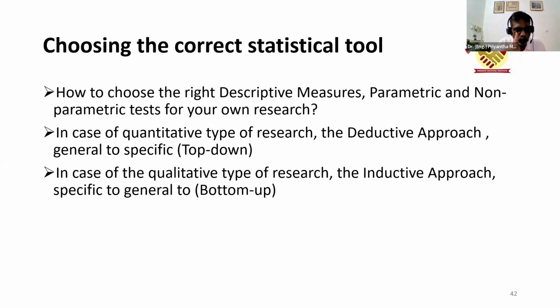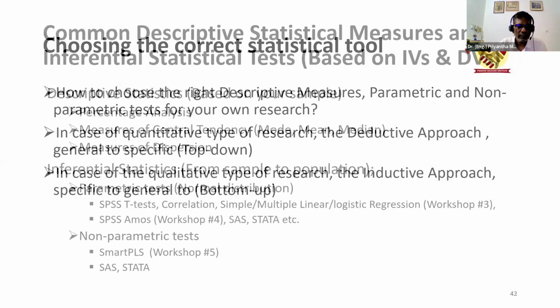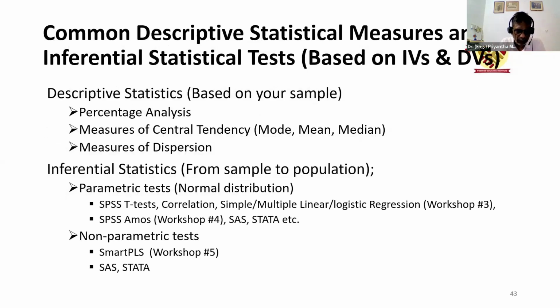This is very, very important, right? If you're doing quantitative research, you have to learn these things whether you like it or not, right? Descriptive statistics means based on your sample, you are describing things. For example, my sample size is 384. So males are this much, females are this much, married are this much, unmarried are this much, doctors are this much, graduates are this much, undergraduates are.